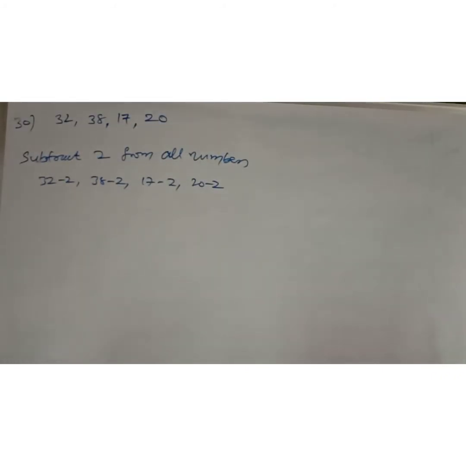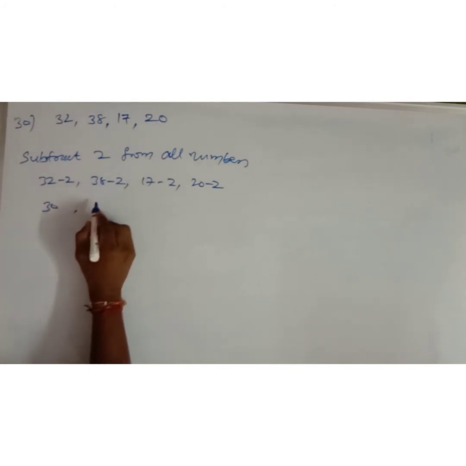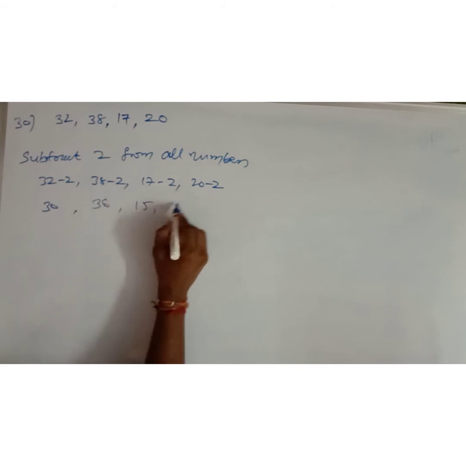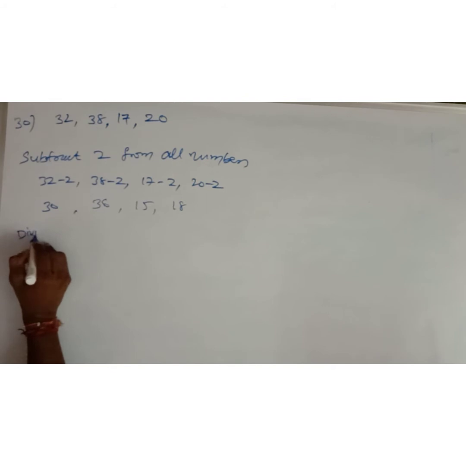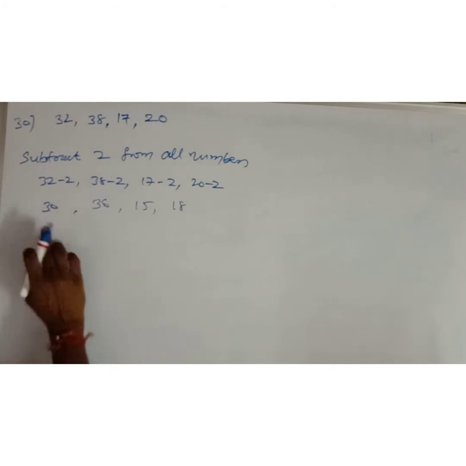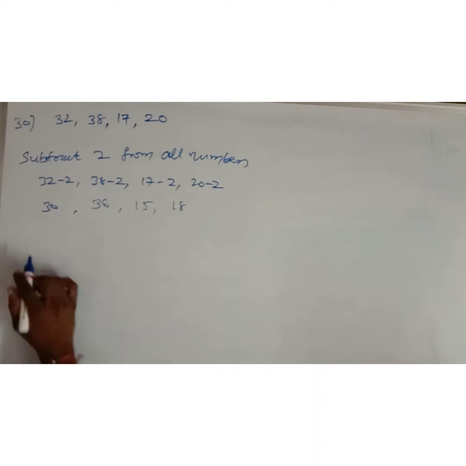So 32 minus 2 is 30, 38 minus 2 is 36, 17 minus 2 is 15, and 20 minus 2 is 18. So all these numbers will be divisible by 3. Hence these all are in proportion.